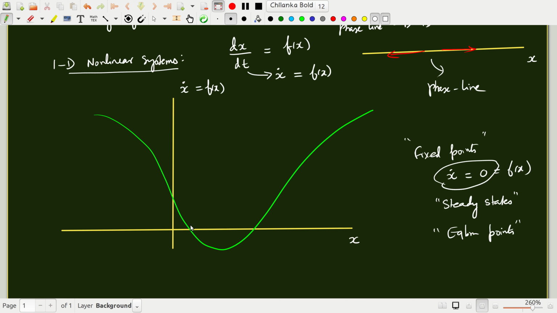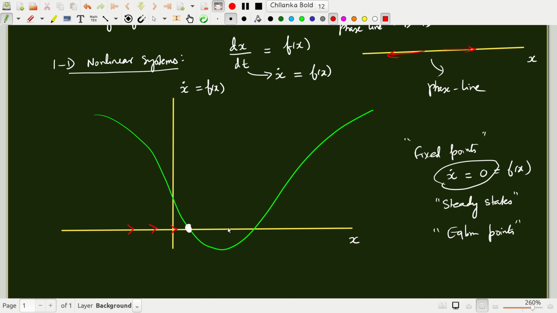Now let's take this fixed point first. If I consider an initial condition sufficiently close to the fixed point here, dx dt is positive. That is, if I consider an initial condition on this side, dx dt is positive. So all initial conditions to the left of the fixed point will move towards the fixed point.